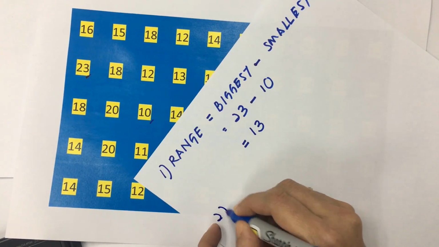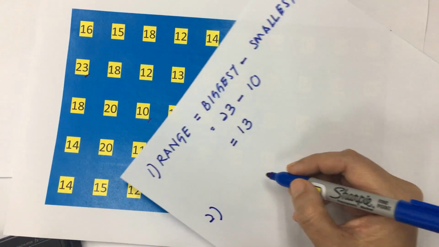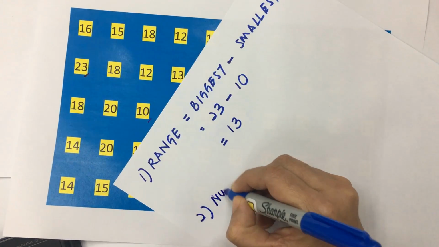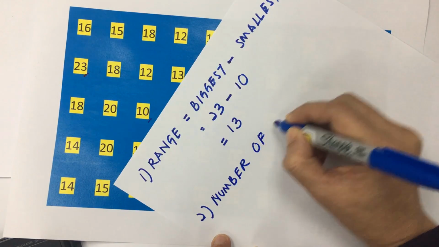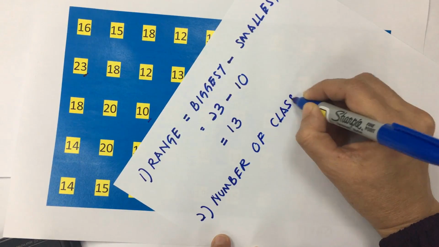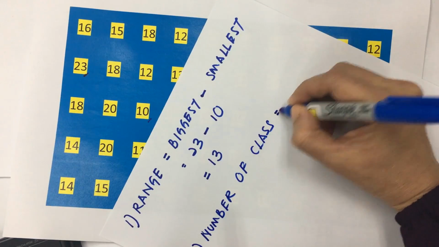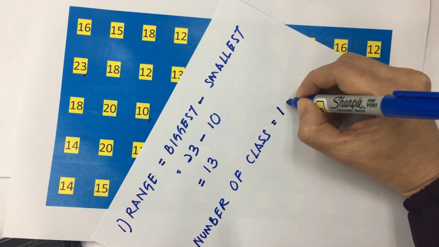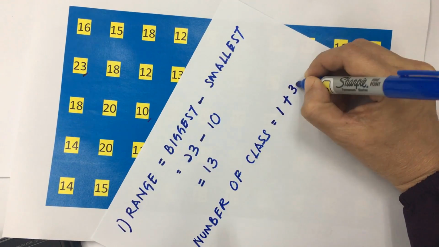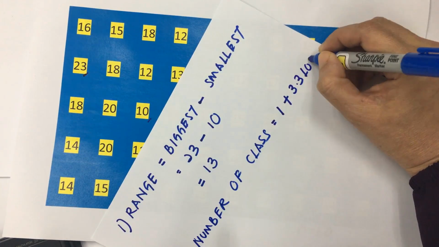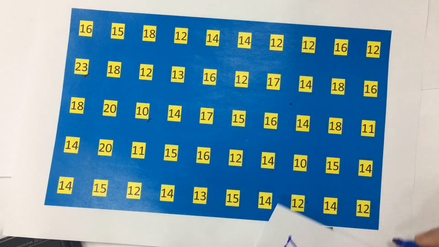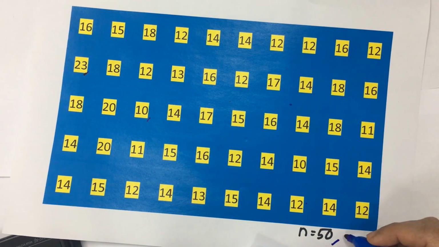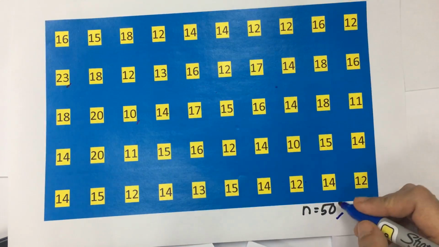Secondly, you have to find the number of classes. You're going to need this formula. Number of classes equals 1 plus 3.3 log n, where n is the number of data. In this example, n equals 50.